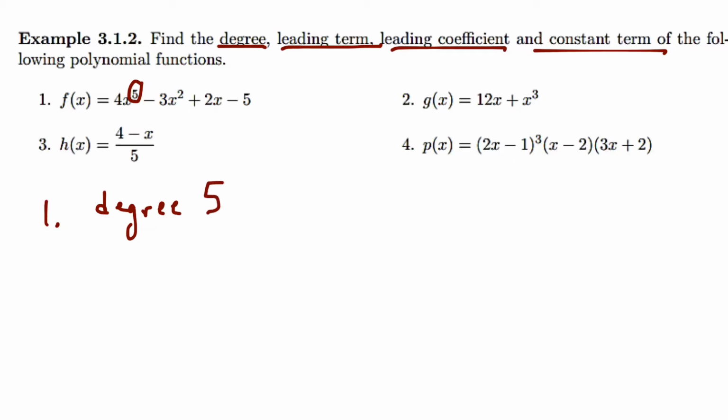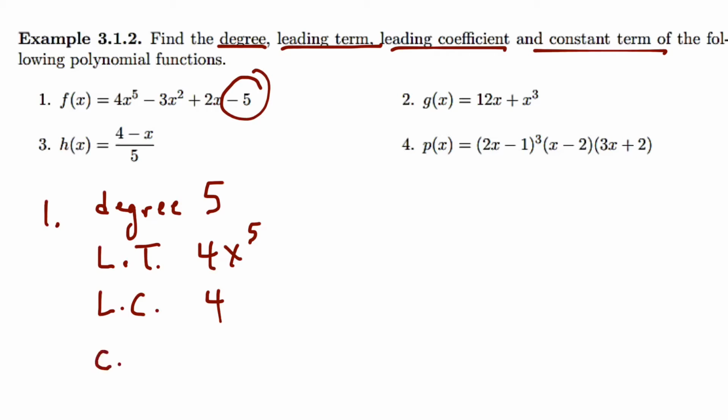My leading term is the entire term itself there with the highest power. So my leading term, let me just call it my leading term, LT, is 4x to the 5th. My leading coefficient is the number in front, that's 4, and my constant term is negative 5.